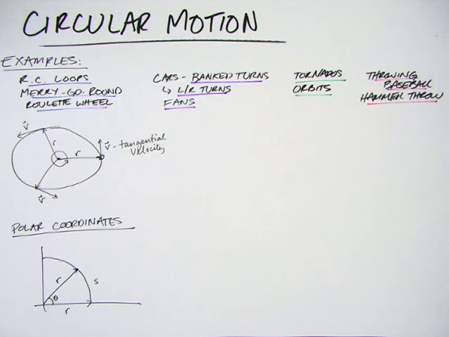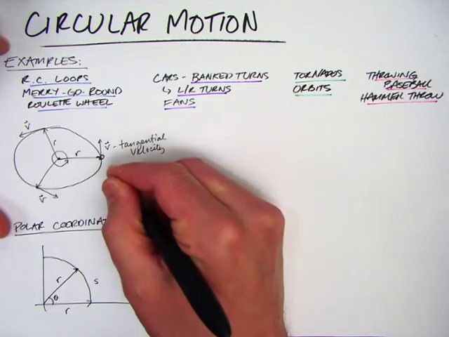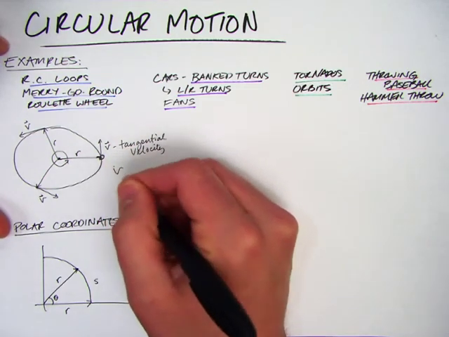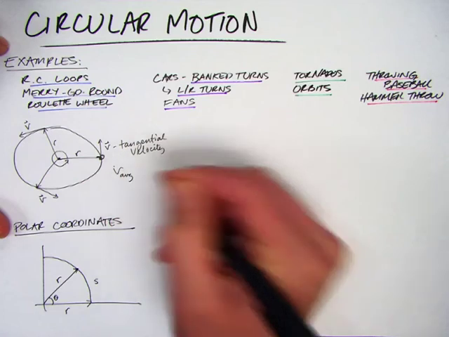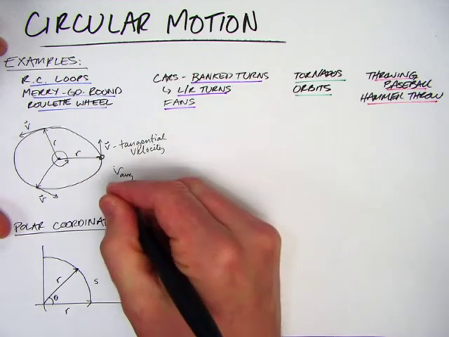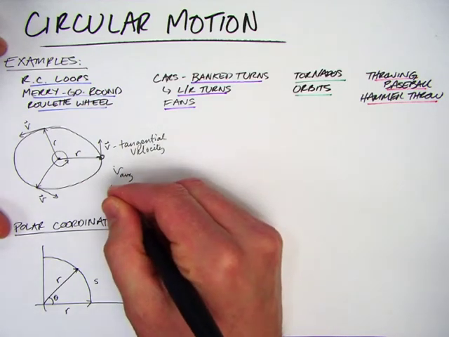So tangential velocity is important, but it's easier to deal in terms of speed, rotational speed, or how fast the object is moving on average as it goes around in its circular path. So let's define its speed. I'm not going to vector it. I will just say v average. That's my speed.